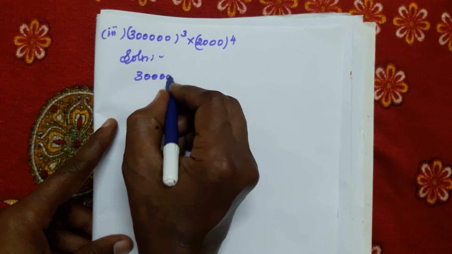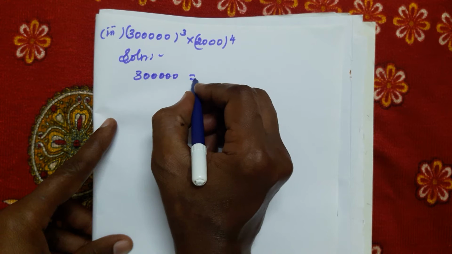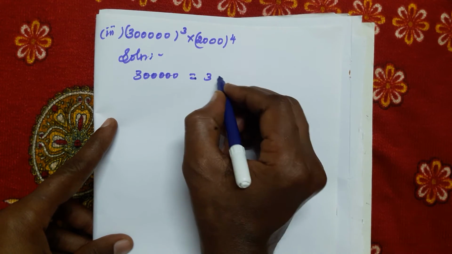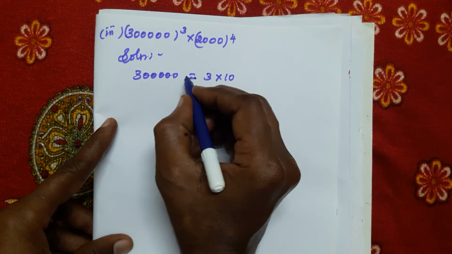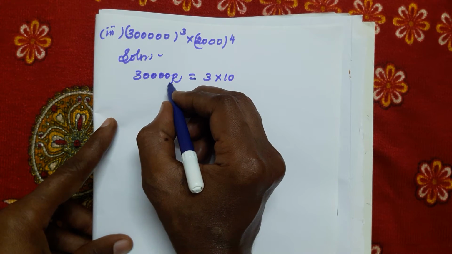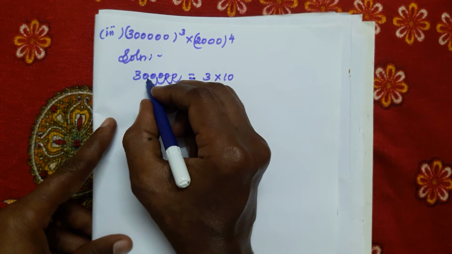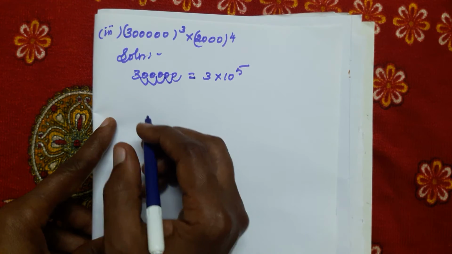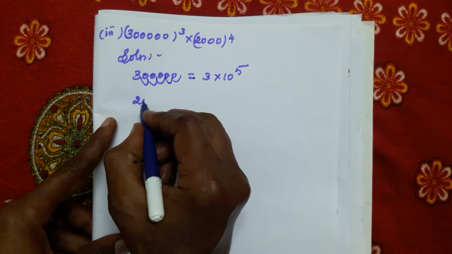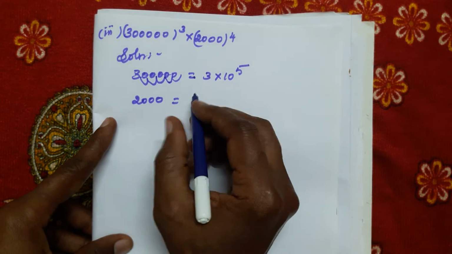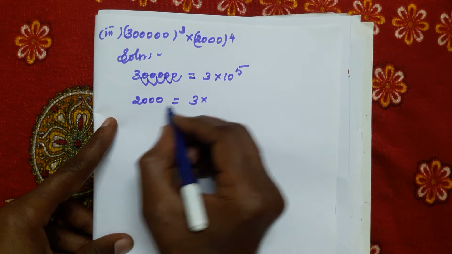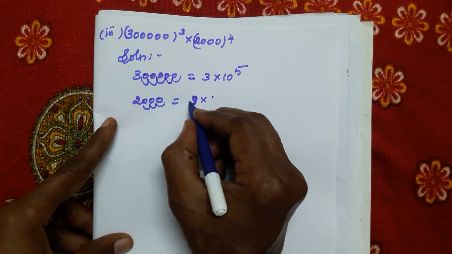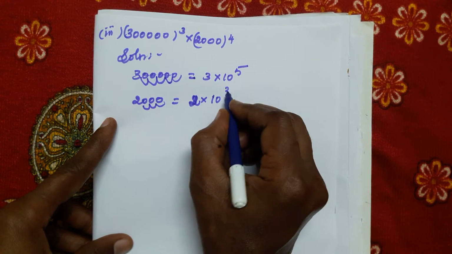When we write it in scientific notation, what do we get? 3 into 10 power... How many digits do we move the decimal point? 1, 2, 3, 4, 5. 10 power 5, not minus 5, just 5. Next, 2000 is equal to 2 into 1, 2, 3, 10 power 3. 2 into 10 power 3.